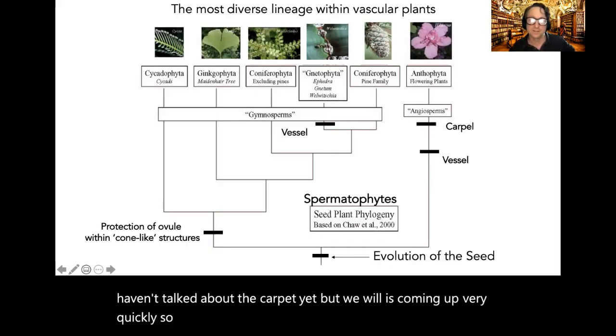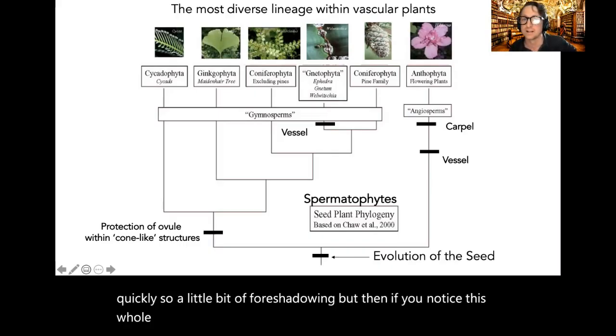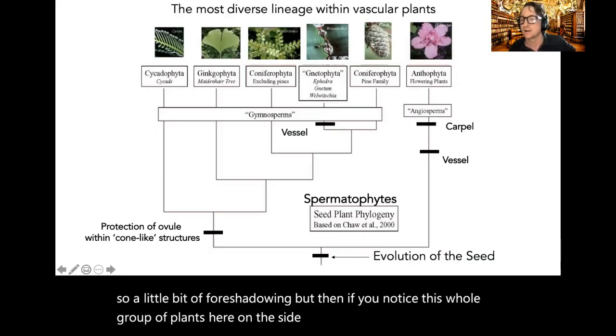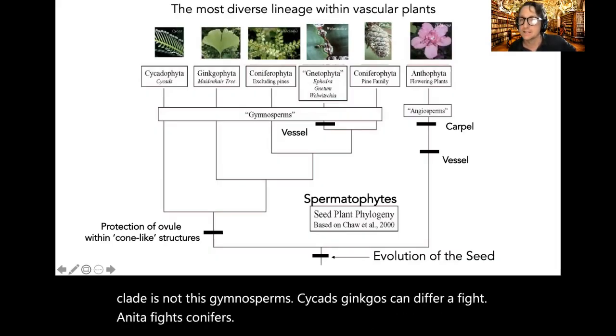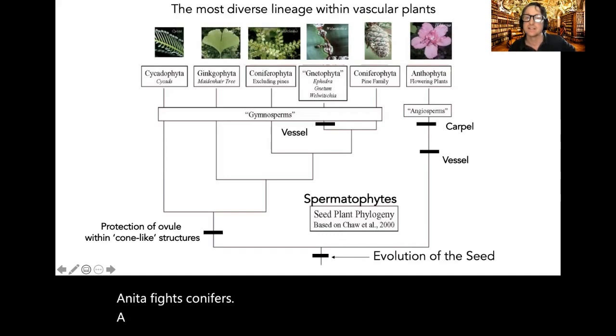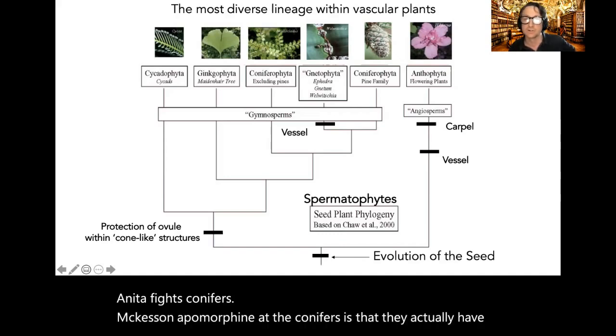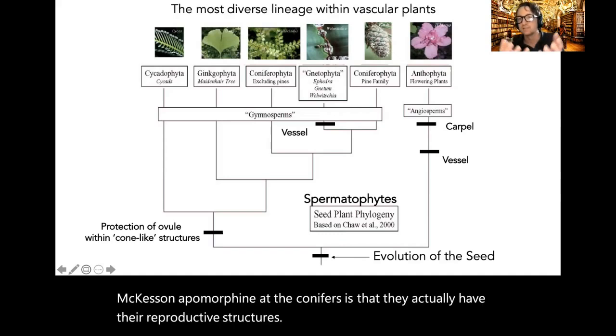But if you notice this whole group of plants here on the side, this entire clade is known as gymnosperms: cycads, ginkgos, coniferophyta, gnetophytes, conifers. A key synapomorphy of the conifers is that they actually have their reproductive structures in this protective form.